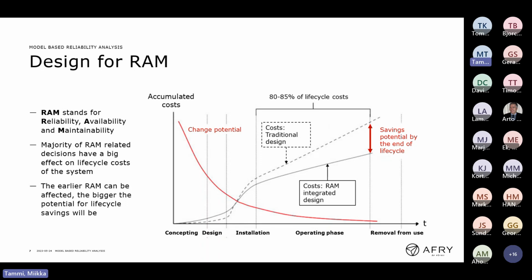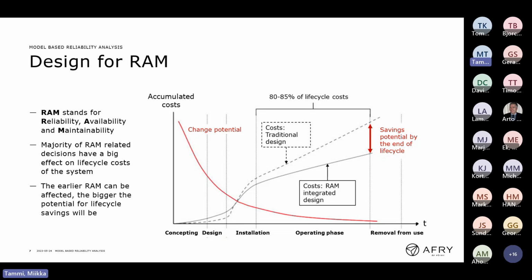The majority of RAM-related decisions have a big effect on lifecycle costs of the system. The earlier RAM can be affected, the bigger the potential for lifecycle savings. Often over 80% of lifecycle costs are accumulated during the system's operation phase, but the most important decisions affecting these costs are already made in the conception and design phase.